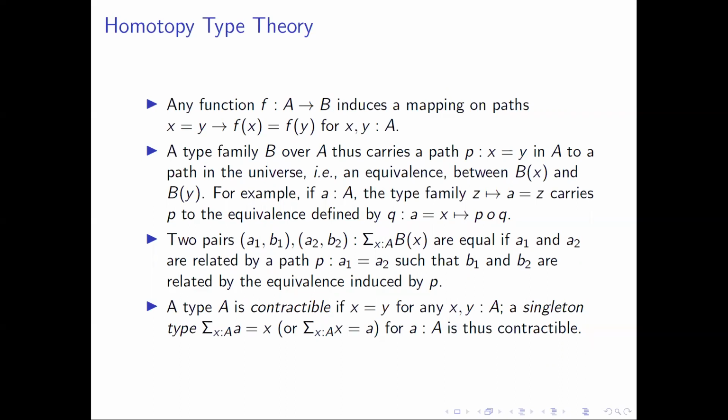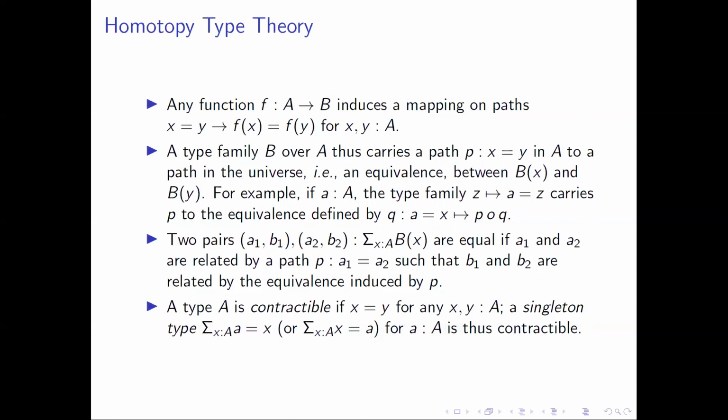And this means that it carries a path P from X to Y to a path in the universe, which is an equivalence between Bx and By. And the equivalence is almost always the one you expect. So for example, if we have a fixed point A and we define the type family to map Z to the type of proofs from A to Z, then the induced equivalence is just the obvious one, post-composition by P.